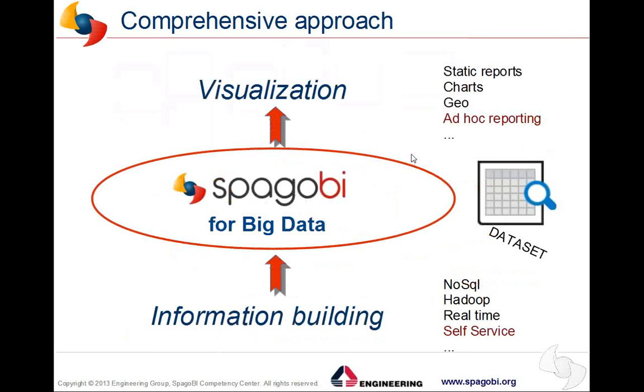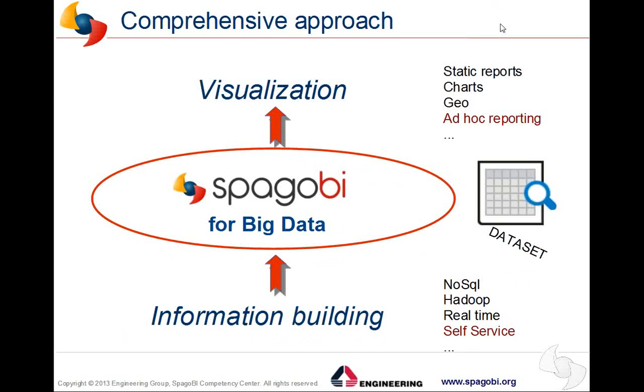Okay, and now we see that the comprehensive approach also means that we start from the building of information facing NoSQL databases, the Hadoop ecosystem with all of its projects.